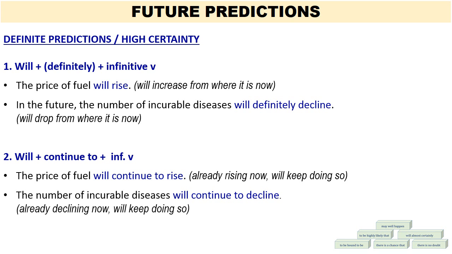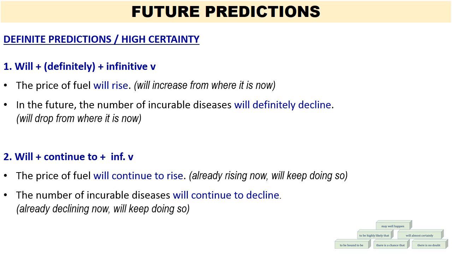If we want to make predictions which have a high certainty of happening, there are several formulae we can use. You've seen the first one, will plus the infinitive form of the main verb. However, we can also use adverbs such as definitely to increase the certainty of the action. For example, the price of fuel will rise.